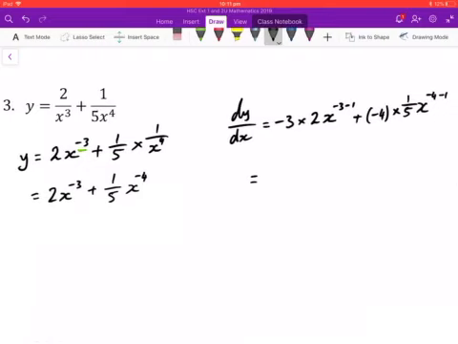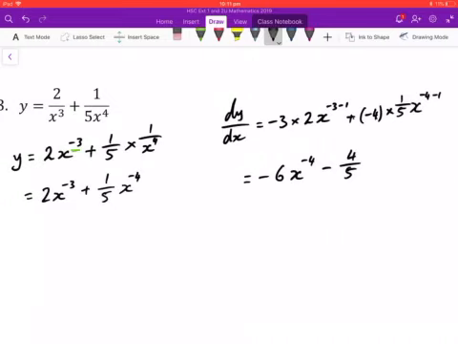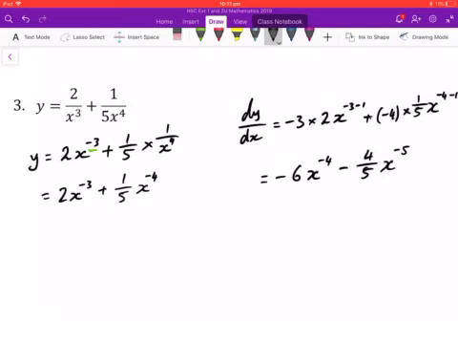Let's have a look. So negative 3 times 2 is negative 6 x to the power of minus 4. Now, we've got a plus minus, that's going to become a negative sign. 4 over 5, that's the minus 4 times the positive 1/5 is negative 4/5 x to the power of negative 5. Now, the last step is to write it without negative indices.